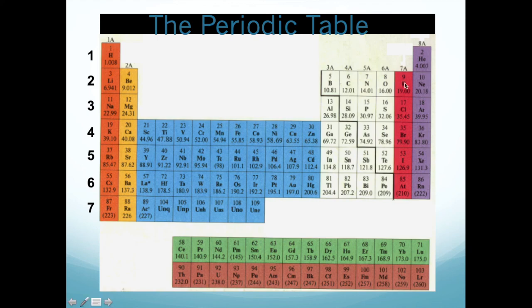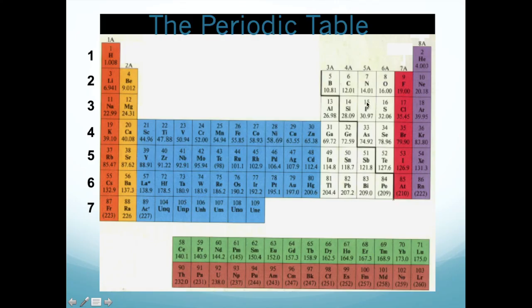Over here in group 17, or 7A if you've got an older periodic table like I have up here, those are the halogens. Unlike the noble gases, these nonmetals are very reactive. They tend to be very reactive, and they tend to be brightly colored. There are other names for certain other groups. For example, oxygen and sulfur are considered part of the chalcogens, and so on.